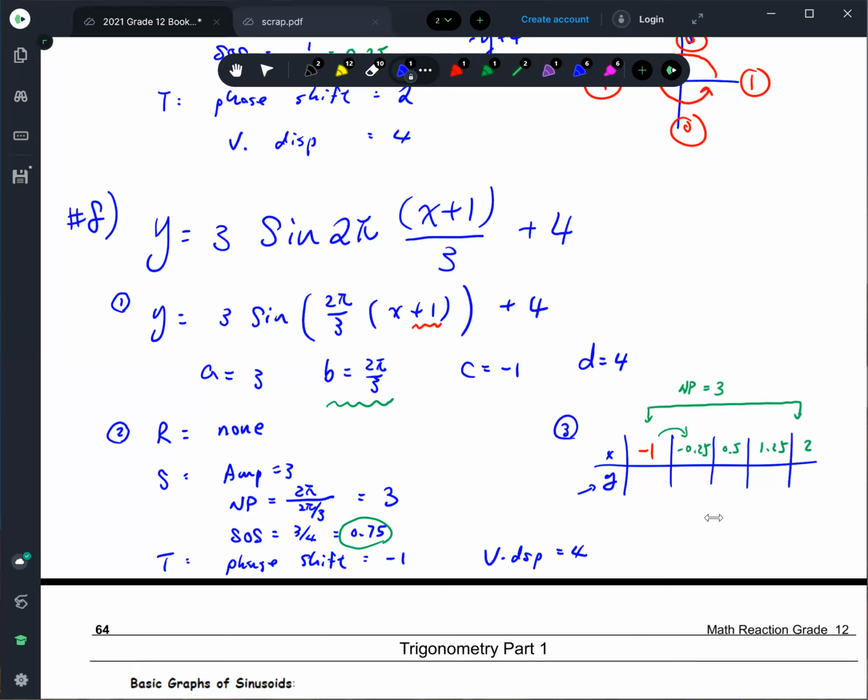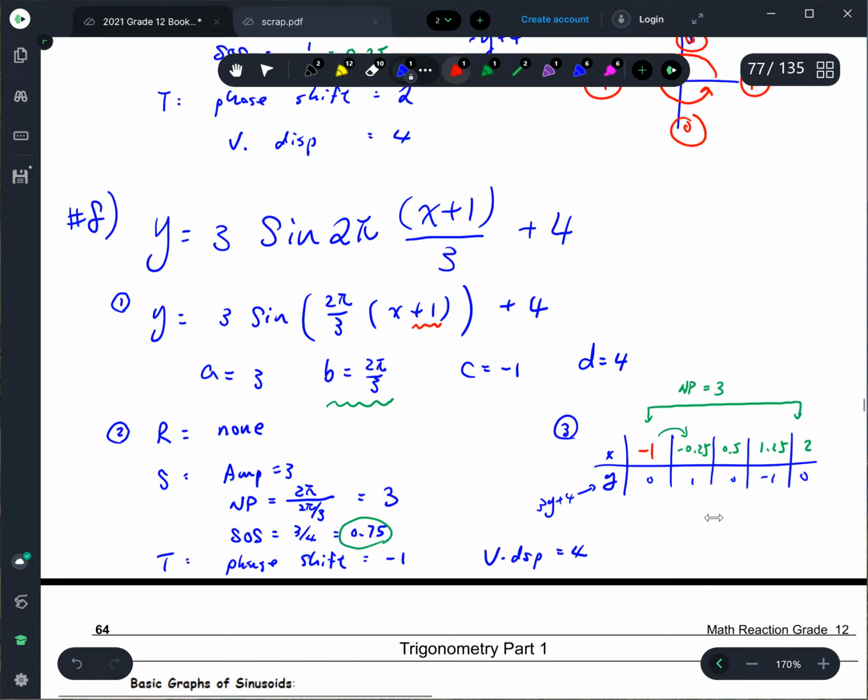What's the formula? What's the a and d here? Oh, a is 3. Y is going to be 0. Okay, so it's supposed to be 0, 1, 0, -1, 0, and then you add the 4. Okay, very good. So you multiply by 3 and then add a 4.